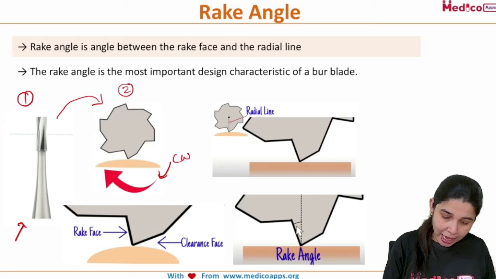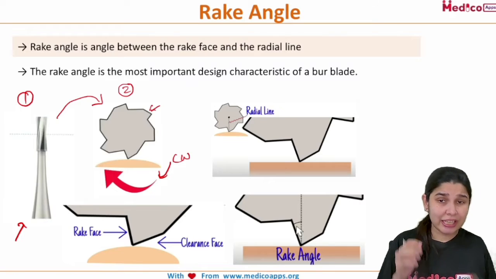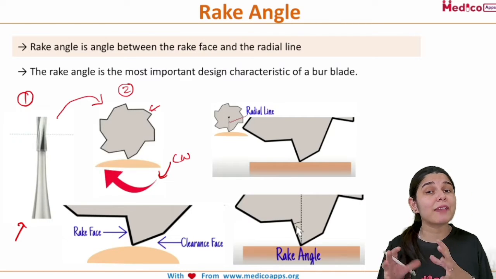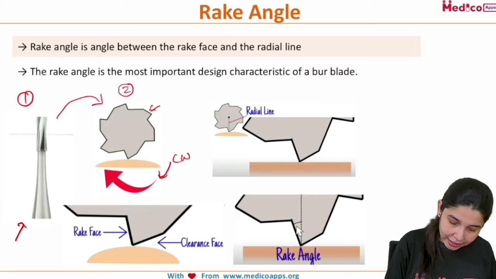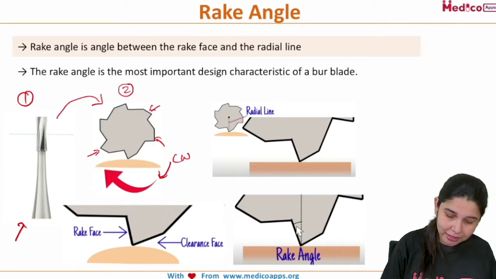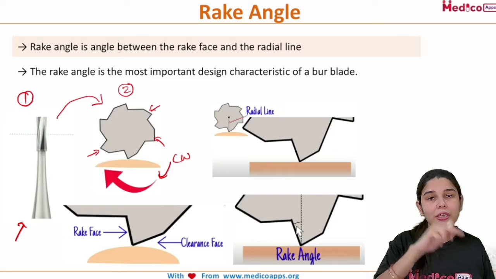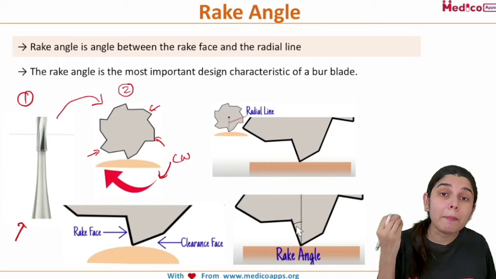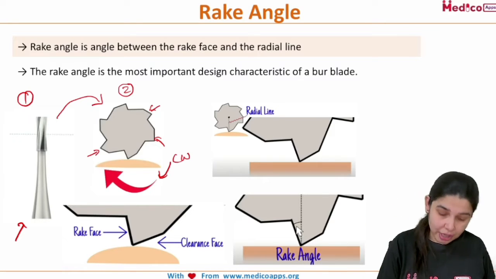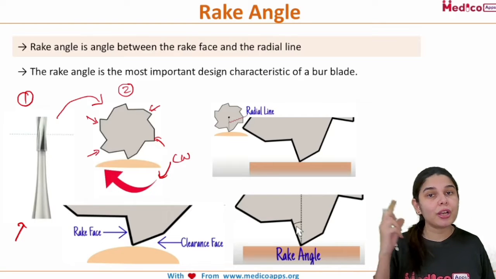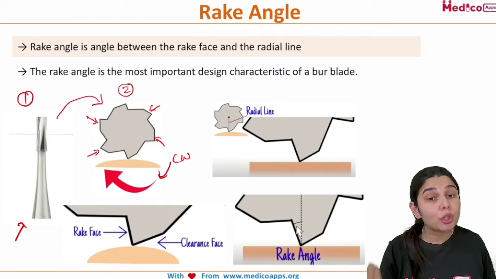As you can see, this is a very typical diagram which you must have seen in your book. What are these edges which you are seeing? They are nothing but the burr edges, the blade edges. These are the blades which help in cutting the tooth surface.